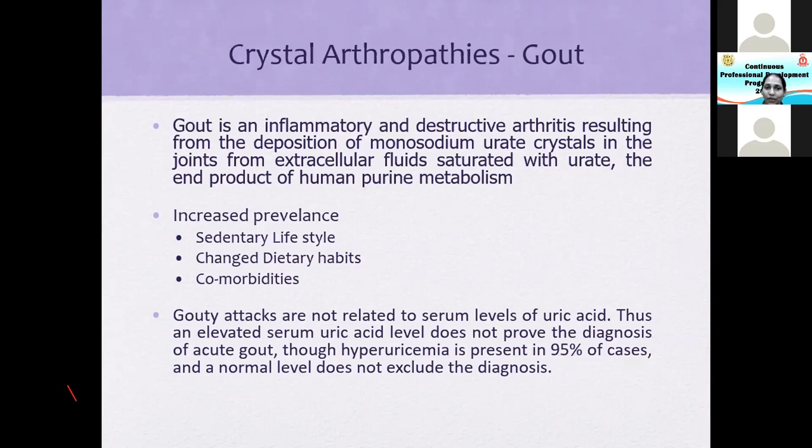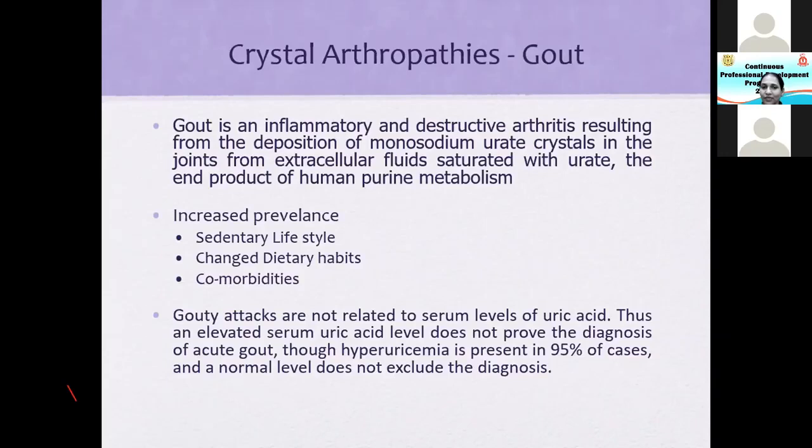But now, because of the increased prevalence of sedentary lifestyle, our dietary habits have also changed, and more comorbidities, metabolic syndrome coming in, central obesity, hypertension, diabetes, all these have increased the prevalence of gout.